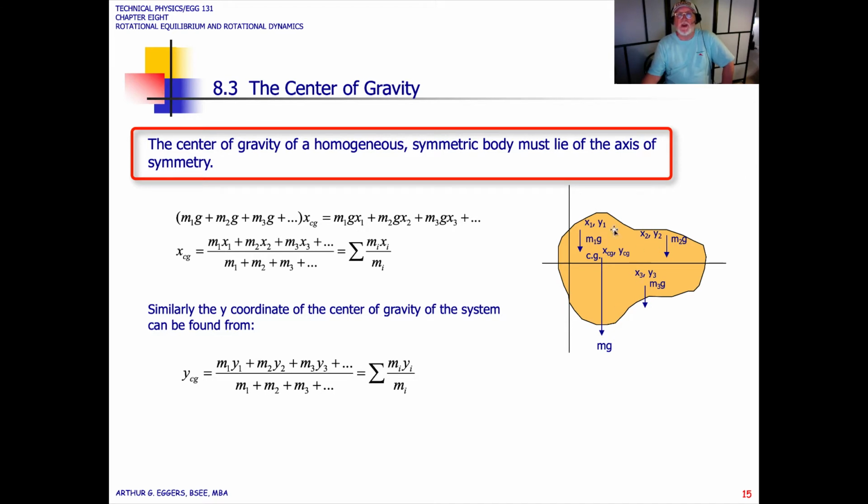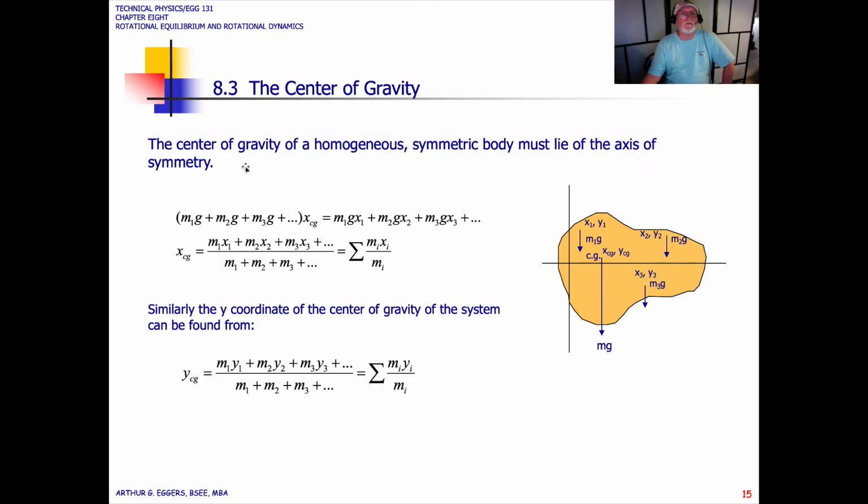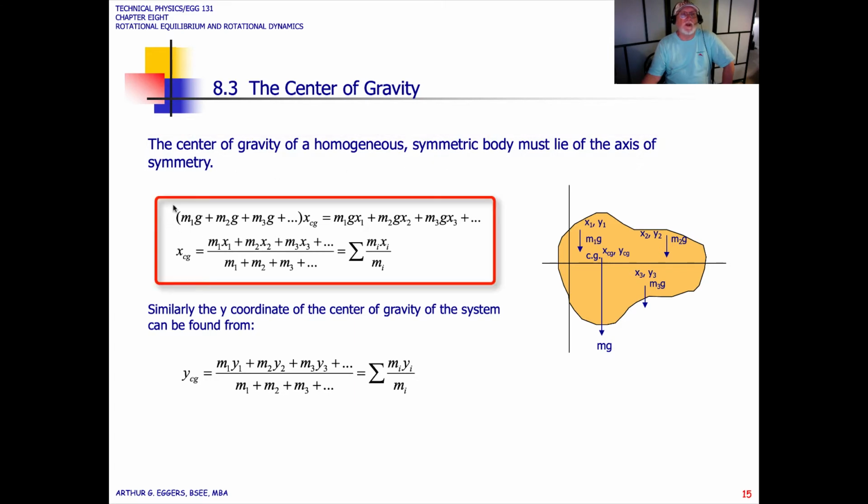So you can see we've got some irregular blob here, irregular shape, random shape. The center of gravity of a homogeneous symmetric body must lie on the axis of symmetry. So what we do here is we're going to take all of our masses and gravities and sum them together for each of the points that we see here.